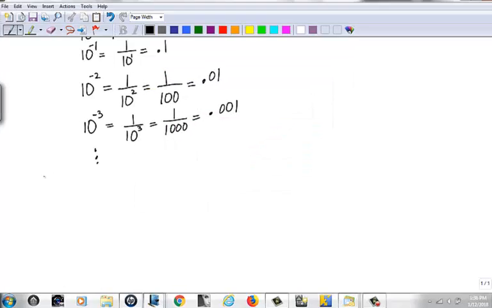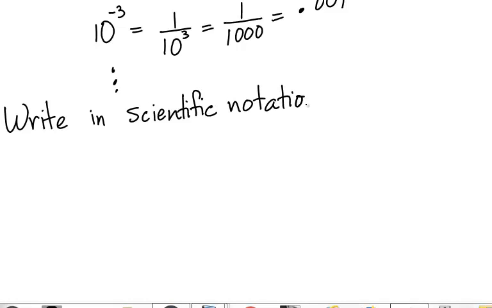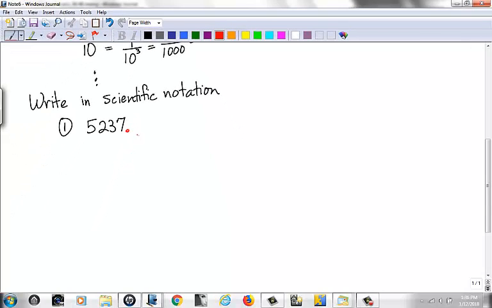So they will say in the directions, write in scientific notation. If they give you a number like 5,237, you got to know where the decimal is to start. The decimal is right here.